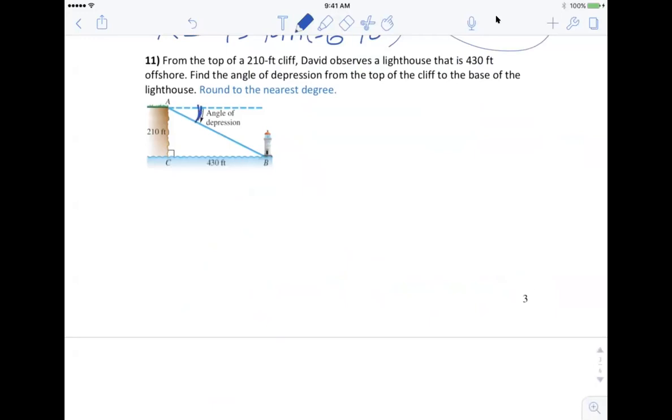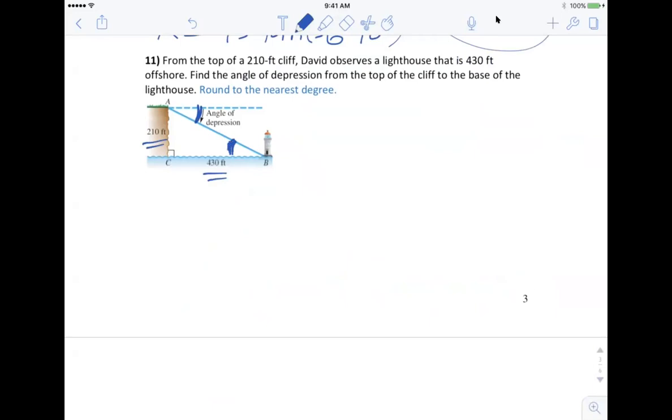Now, think about from geometry, opposite interior angles are equal. So if this angle is here, then this angle is the same. So really you can just find this angle right there. Okay, those angles are equal. Okay, so that angle, the side opposite that angle is 210, and the side adjacent to that angle is 430.